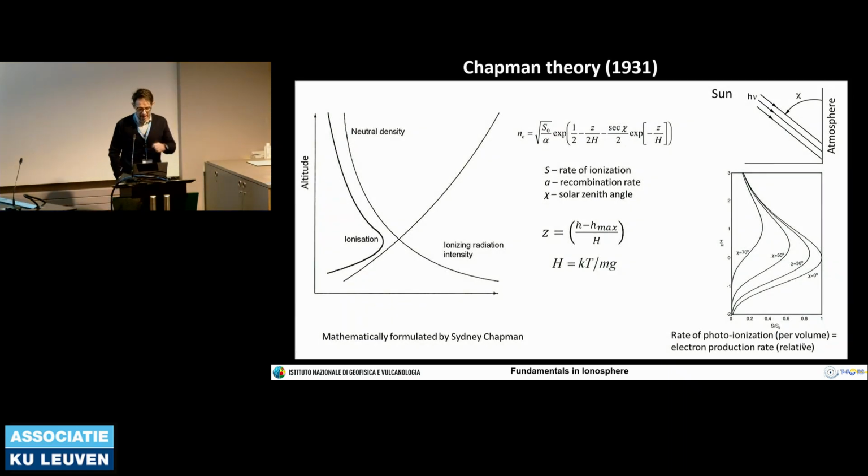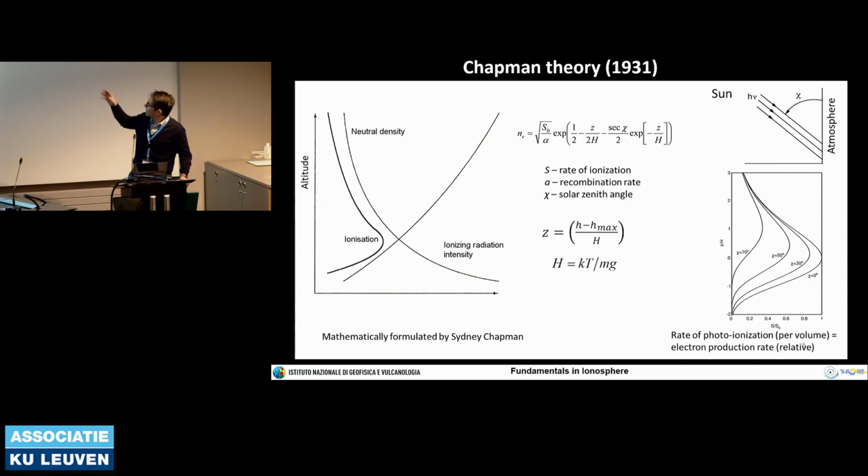What you can do actually is to try to make something a little bit complicated, but the theory is always the same. So if you imagine a single composition, you can obtain what is called the Chapman layer, and you see there the expression of the electron density as a function of the altitude, as a function of the height.